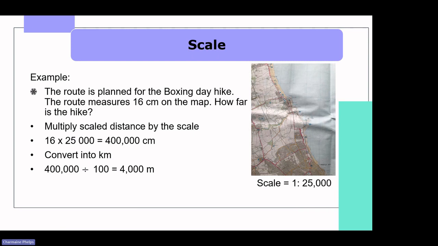So let's turn it into metres first. So 400,000 divided by 100 is 4,000 metres. And then to convert the metres into kilometres, 1,000 metres is in 1 kilometre. So 4,000 divided by 1,000 is 4 kilometres.